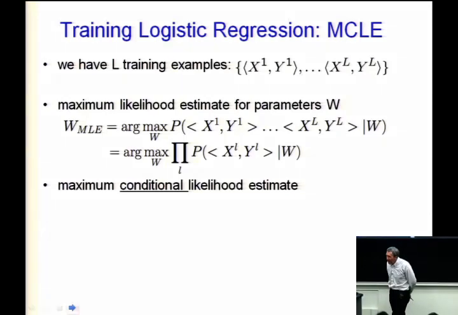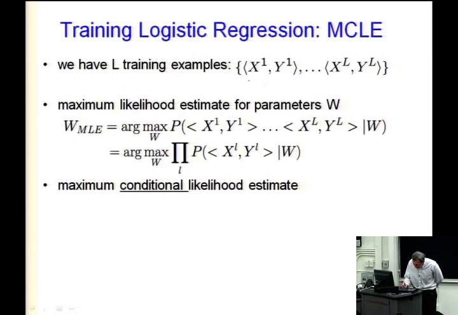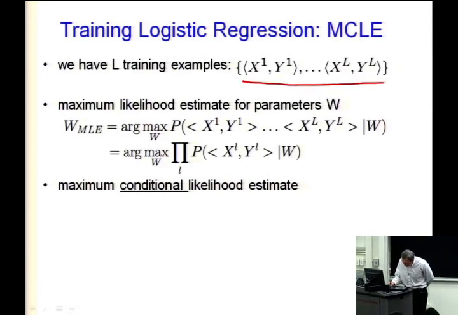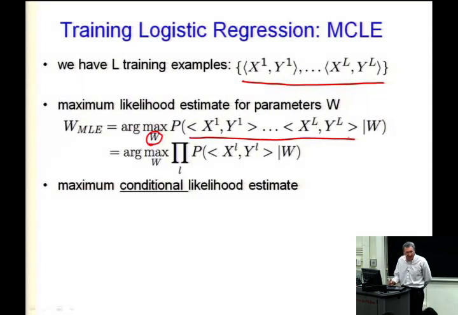Okay, and if we did that, we have this set of training examples, 1 through L. If we wanted to get a maximum likelihood estimate, then of course what we're interested in is the set of parameters that maximize the probability of the observed data given the parameters that we choose.